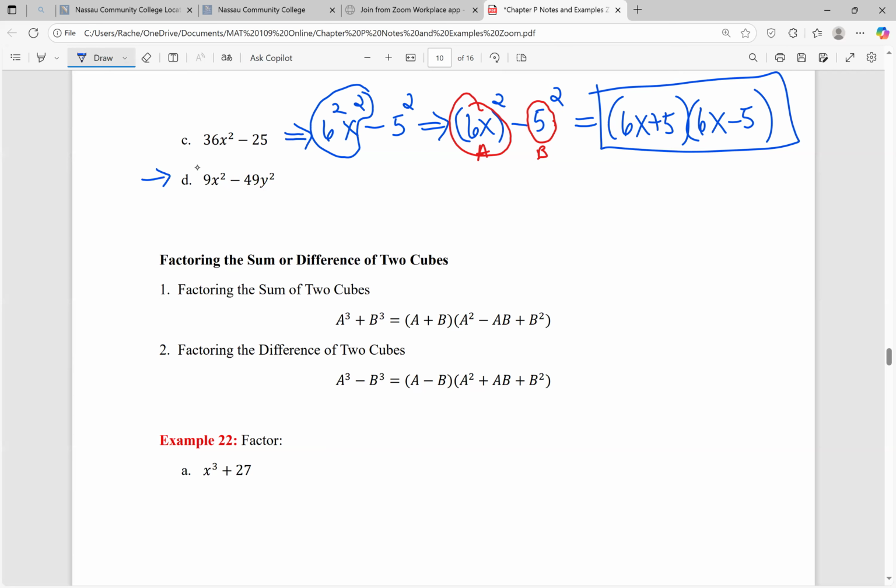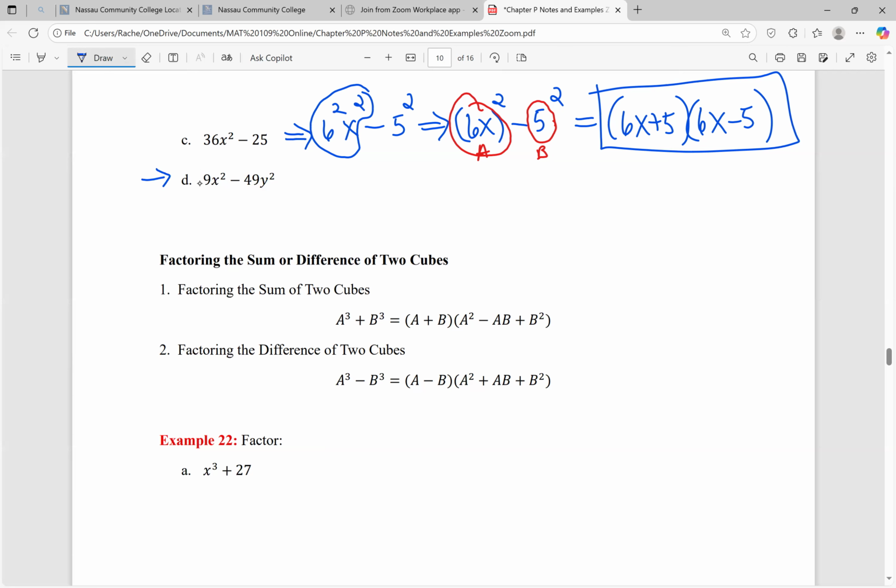So let's rewrite this. So 9x squared could be rewritten as 3 squared times x squared, because 3 squared is 9. And then the square root of 49 is 7. So I could rewrite 49 as 7 squared. So this is 7 squared times y squared. And I could write that even more simply as 3x squared minus 7y squared.